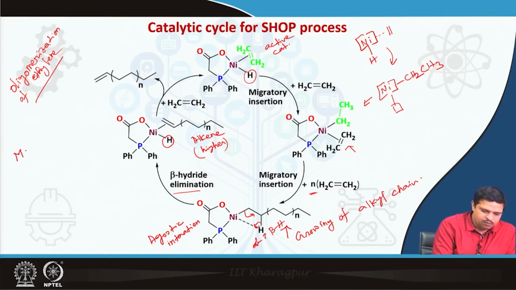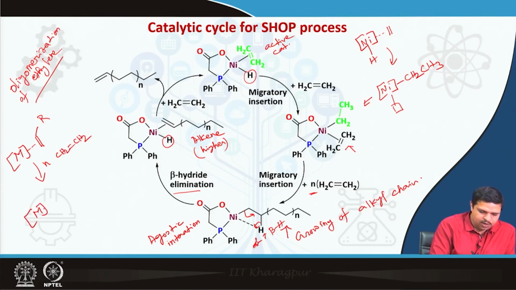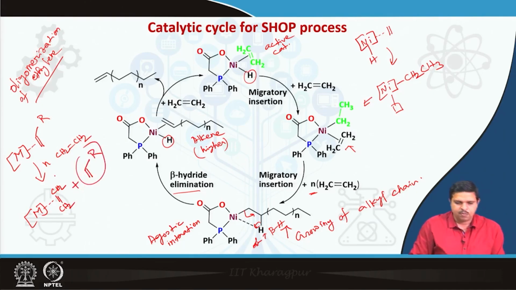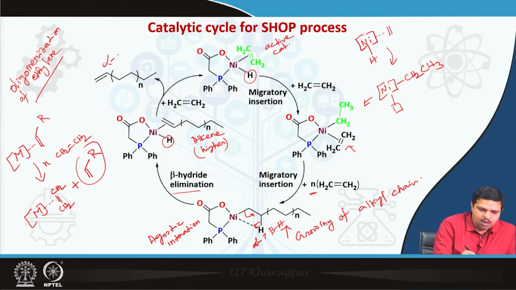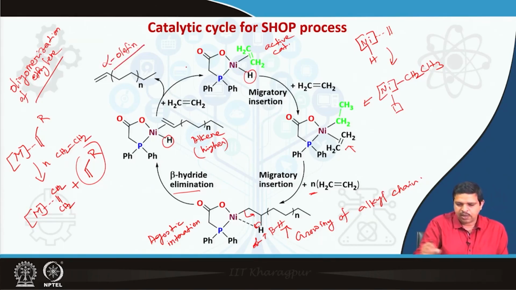What I mean to tell is that if you have a species like this one, and there is n number of ethylene, then this will drive to the right side due to Le Chatelier's principle, and this will be coming out, this one. Okay, so you will see the alpha olefin. And then again this cycle will be repeated.